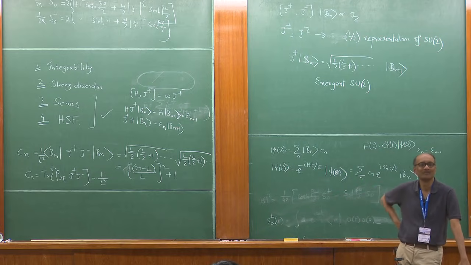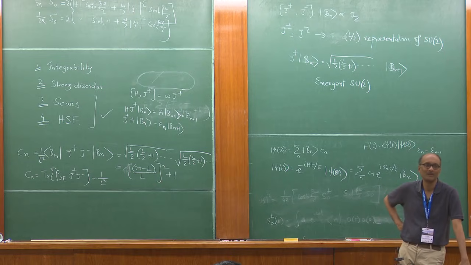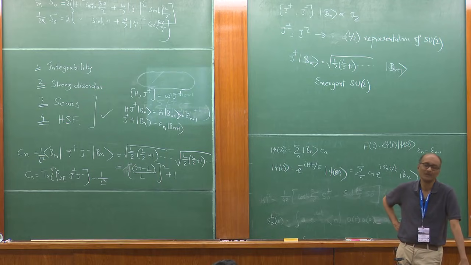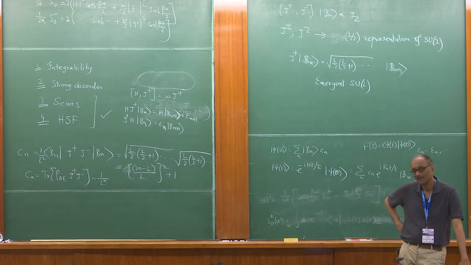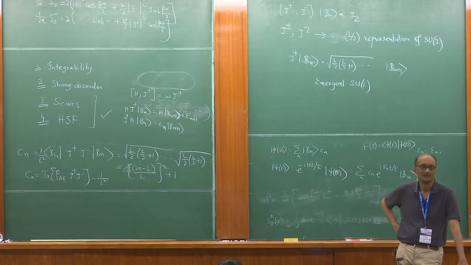So people have essentially known many other Hamiltonians. For example, one of them is the Hubbard model, where there is something called eta pairing where this kind of scars take place. The AKLT chain is another example where this kind of scars happen. But if you tell me that you want to write a generic Hamiltonian which will have this, I don't know the answer to that. Okay.